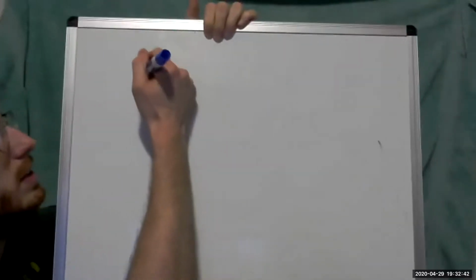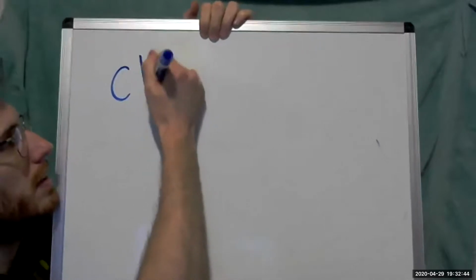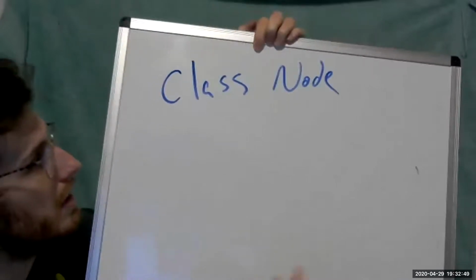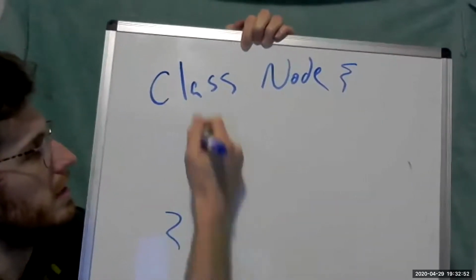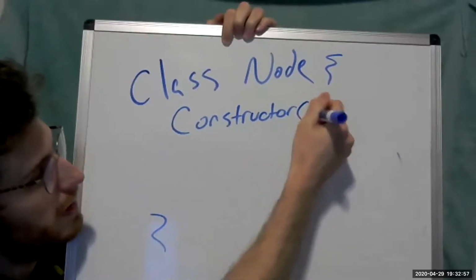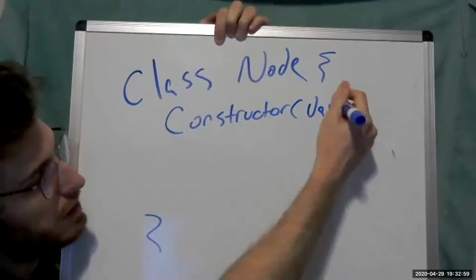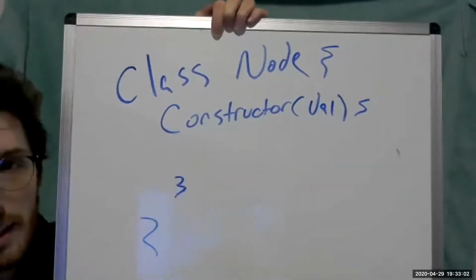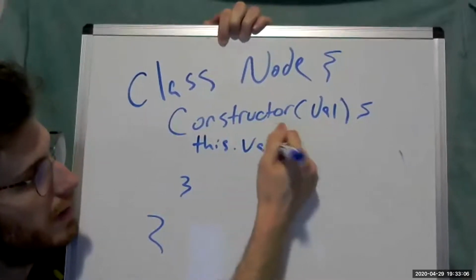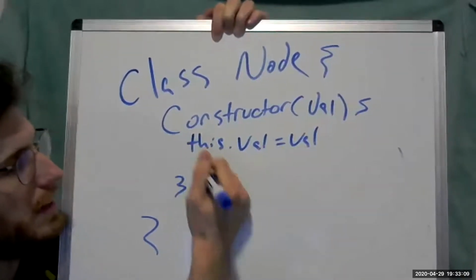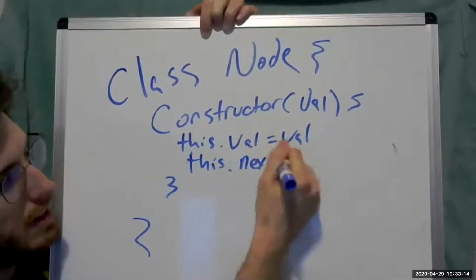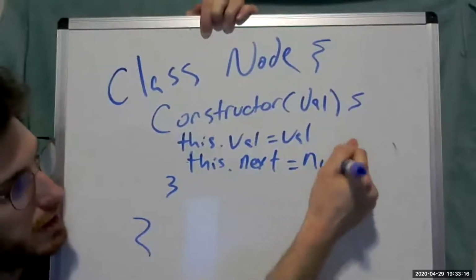So we have our nodes. And our node class has a constructor that takes in some sort of value for our node. And then it only has a few properties. It's got this.val equal to val. And then we have a this.next, which will initialize to null.